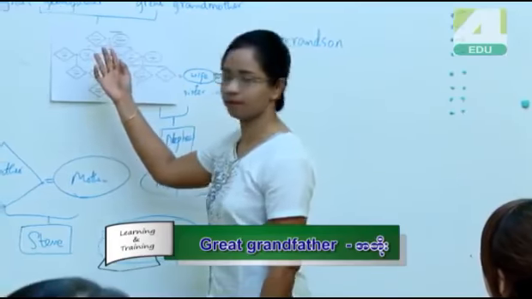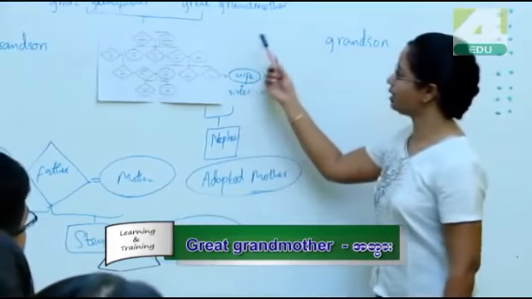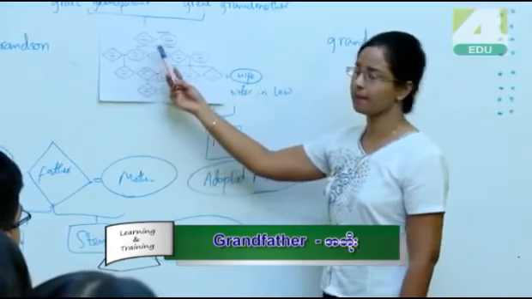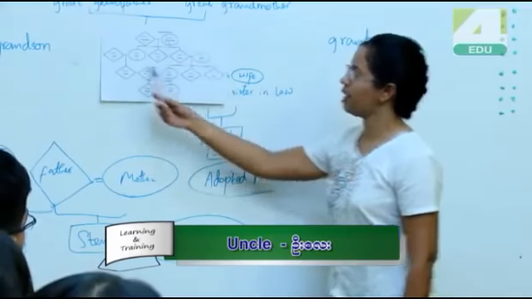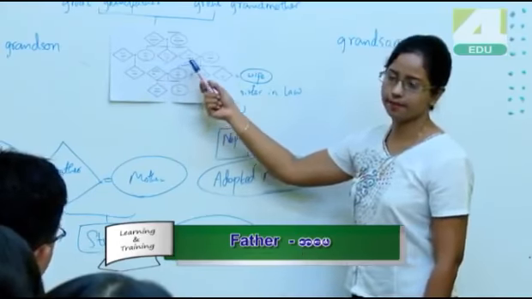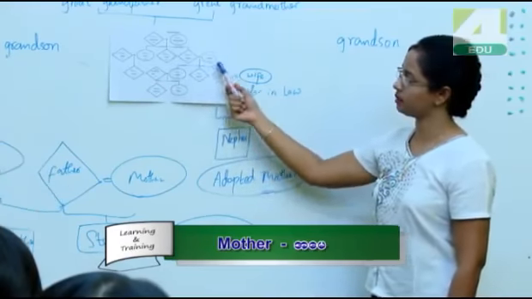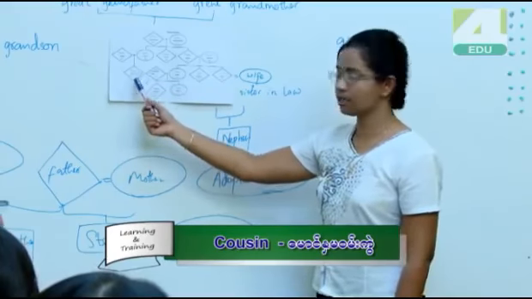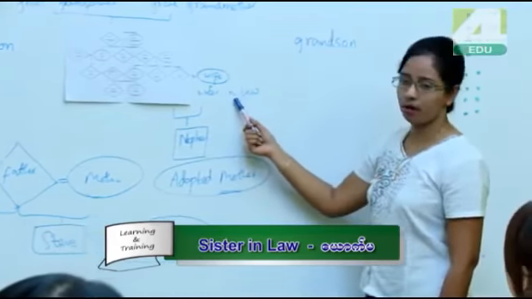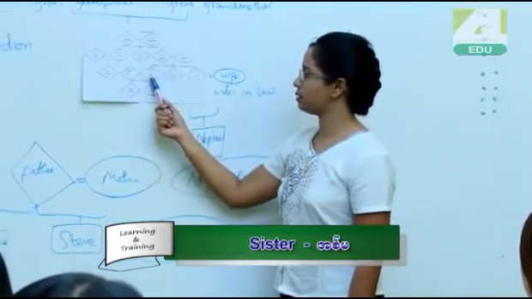Great grandfather. Great grandmother. Grandfather. Grandmother. Uncle. Aunt. Father. Mother. Cousin. Brother-in-law. Sister-in-law. Sister.